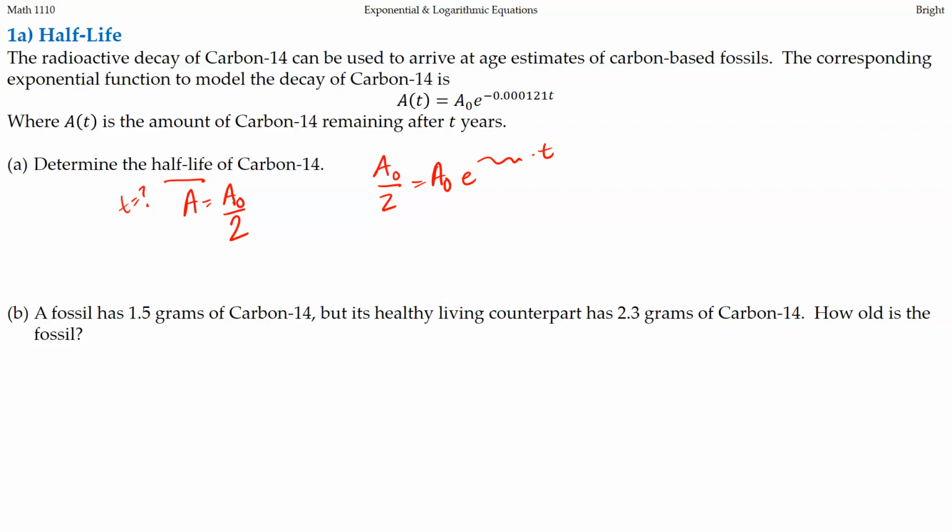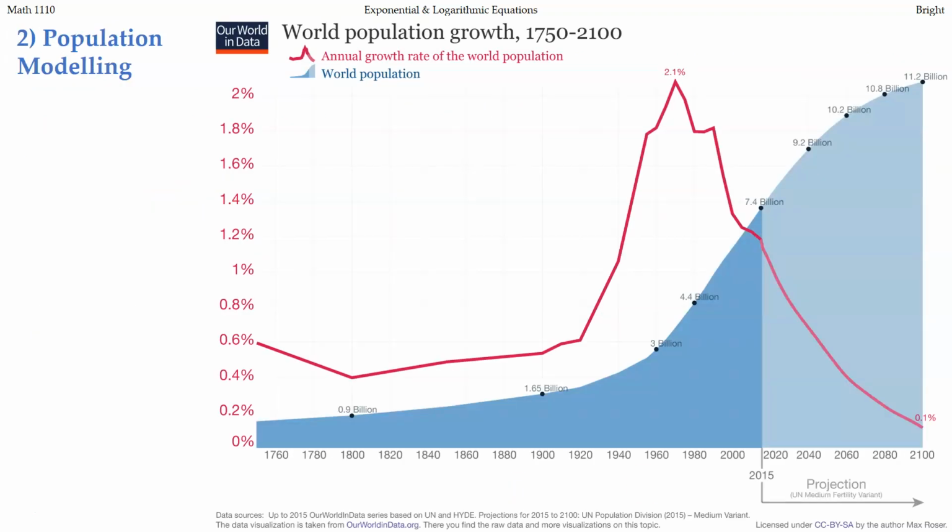Okay, instead of decay, you can have growth. That would just be something like this, where we have population modeling. And so we would say this is exponential growth because we can see, okay, this is the world population, and you can kind of see when it started to take off right in the 1940s and 60s. Hence, that's why they call it the baby boomer generation, because the population surged.